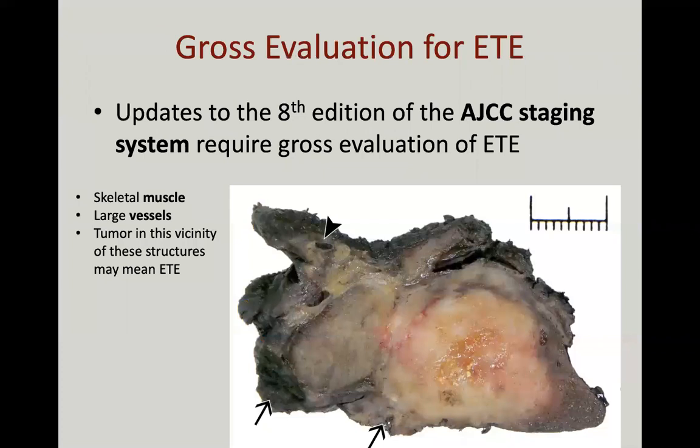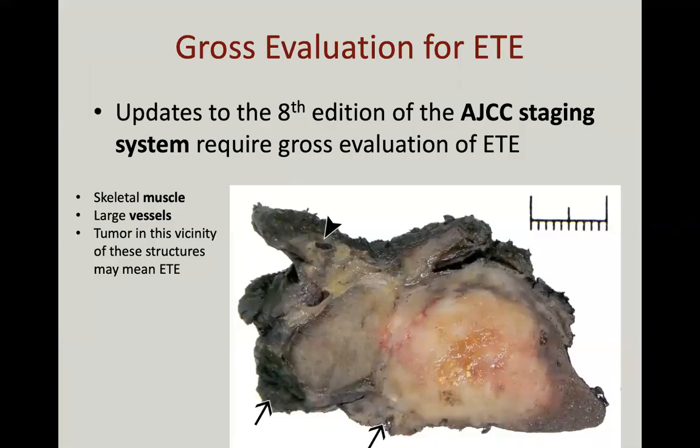One last thing I'll say about gross evaluation is that gross identification of extrathyroidal invasion is important for staging. In the past, we used to upstage anything with extrathyroidal extension, microscopic, gross, anything.